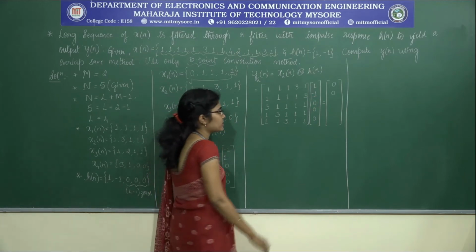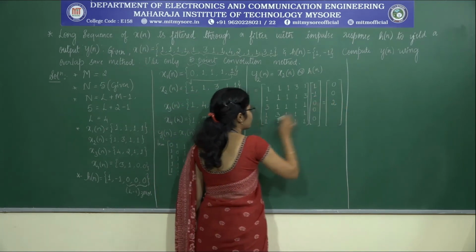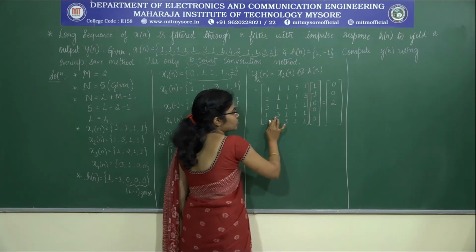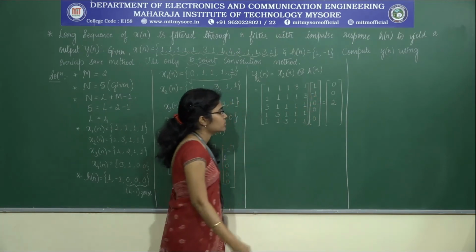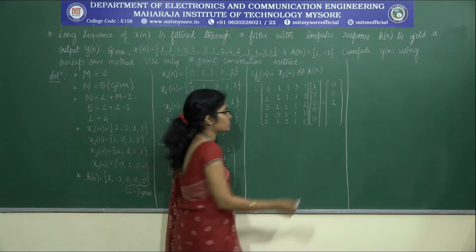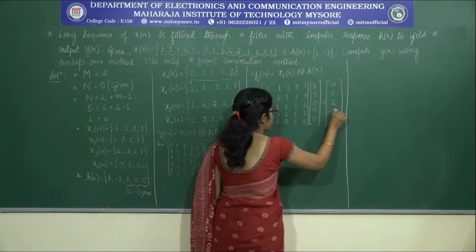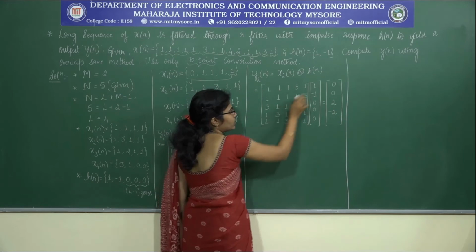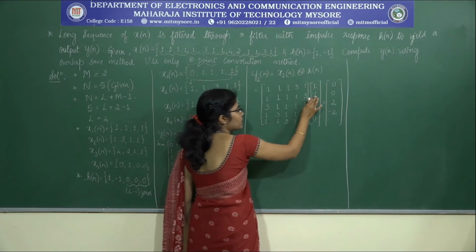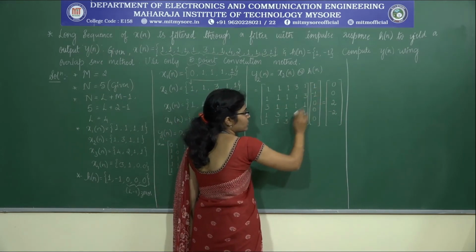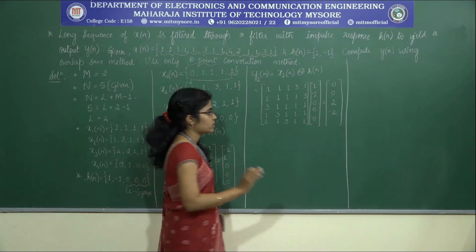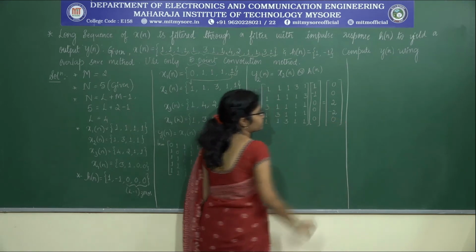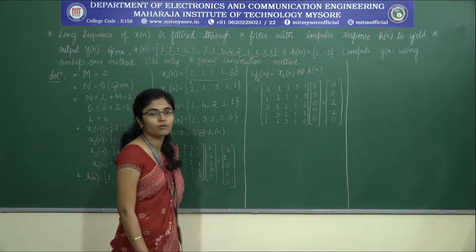So 3 minus 1 gives us 2, 1 into 1 is 1, 3 into minus 1 is minus 3, 1 into 0 is 0. So it gives us 1 minus 3, so which is nothing but minus 2. Coming to this one, 1 into 1 is 1, 1 into minus 1 is minus 1, 3 into 0 is 0, rest of the elements are also 0. So 1 minus 1 gives us 0. We got y2 of n also.